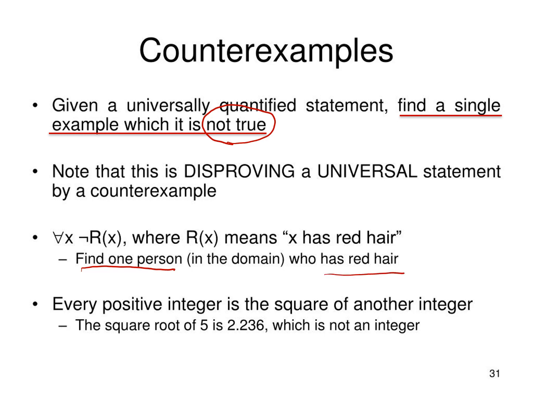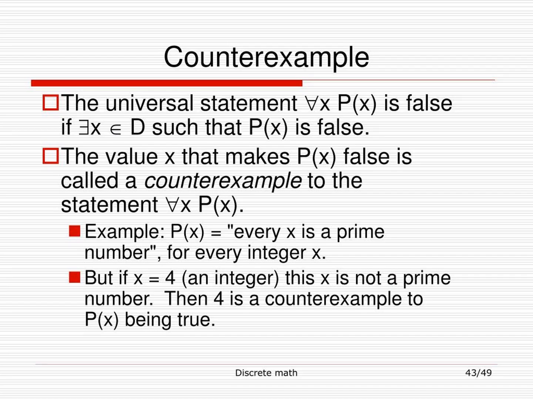Okay. Next example, every positive integer is a square of another integer. So the square root of 5 is 2.223, which is not an integer. So the counterexample: the universal statement is for all x in D, the domain, Px. If there exists an x as a member of D such that Px is false, this we call a counterexample.